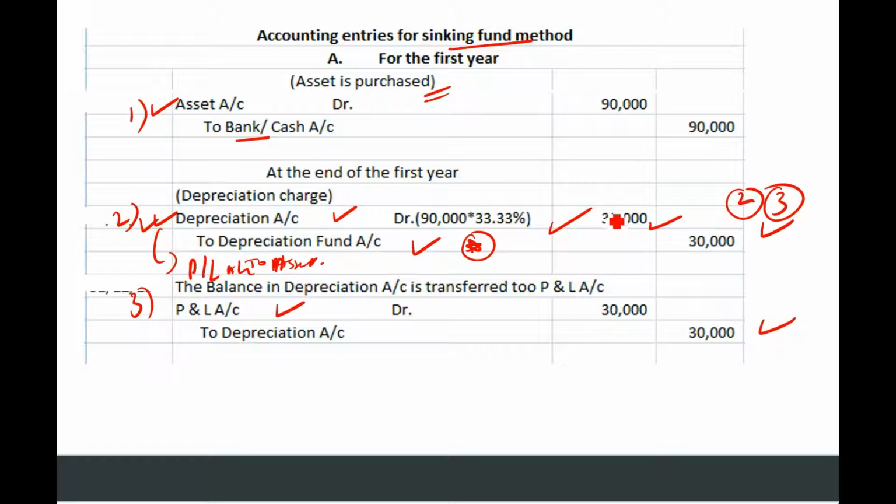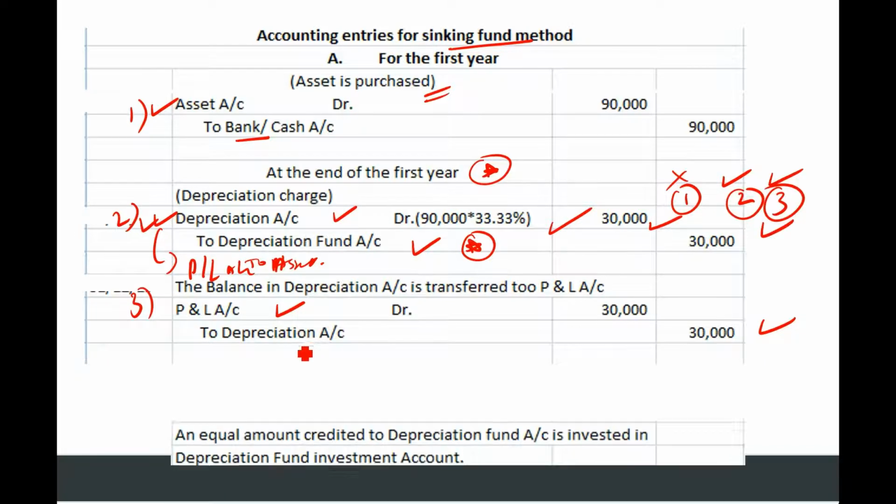That name will be sinking fund investment, and every year there will be interest. In the first year there will be no interest because the investment is made at the end of the year, but the interest will accrue, or be received, for the second year and third year.